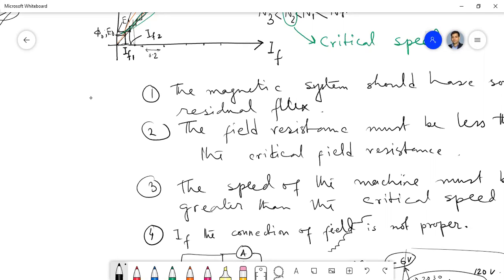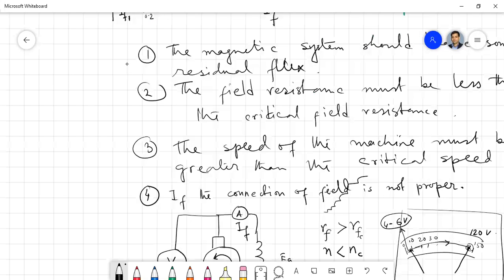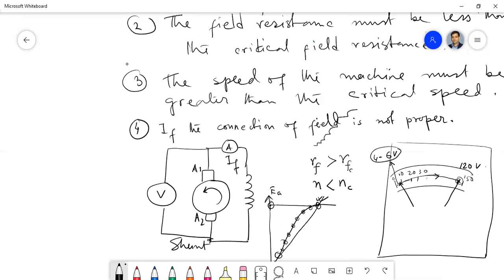Suppose this is the connection for which the voltage is getting built up. Now if the connection is like this, if the connection is F2 F1, that means if F2 is connected with A1 and F1 is connected with A2, then what will happen?